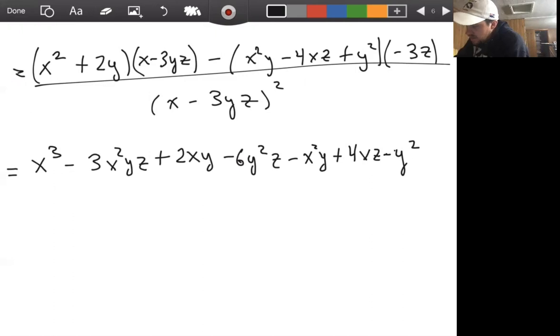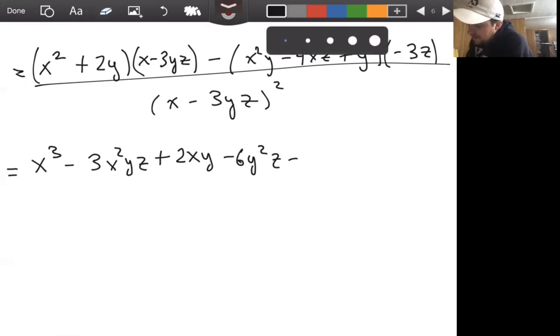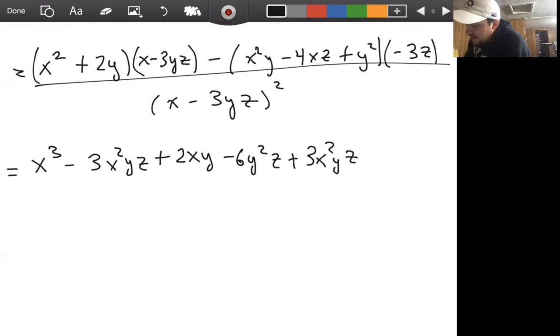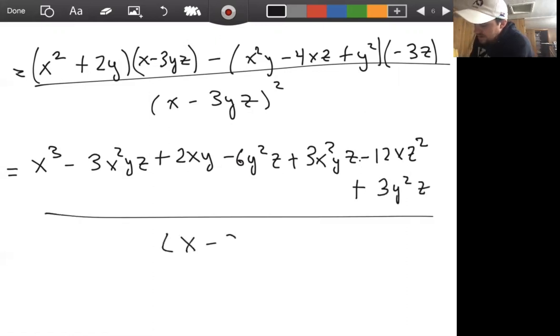So let's simplify that here. So we have plus 3x squared yz. Then we're going to have minus 12xz squared. And then we're going to have plus 3y squared z, all over x minus 3yz quantity squared.